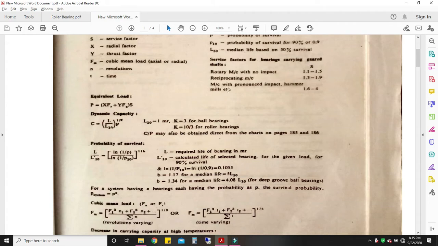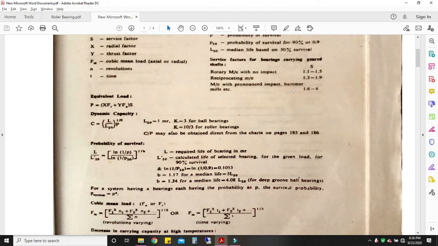Here we have three types of loading condition application: rotary machine with no impact, reciprocating machine, machine with pronounced impact, hammer, mills, etc. For each particular application, we have the value of S, that is the service factor.